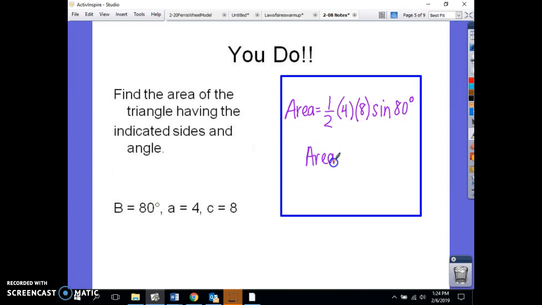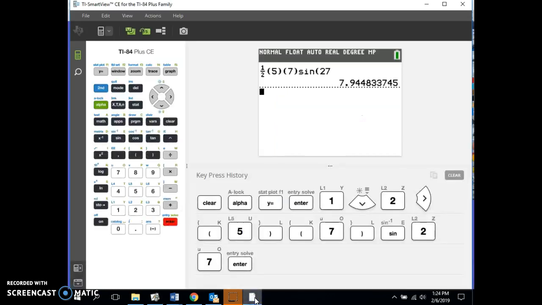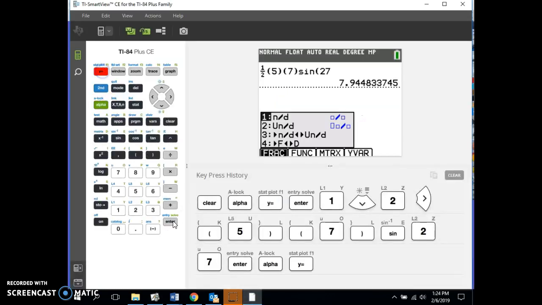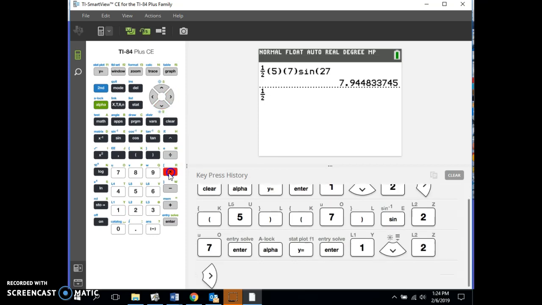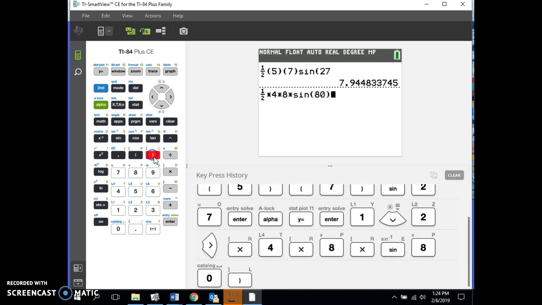And then we're going to type that in your calculator. So 1/2 times 4 times 8 times the sine of 80. And you're going to press enter. And you're going to get 15.76.